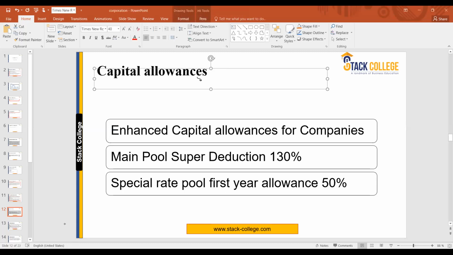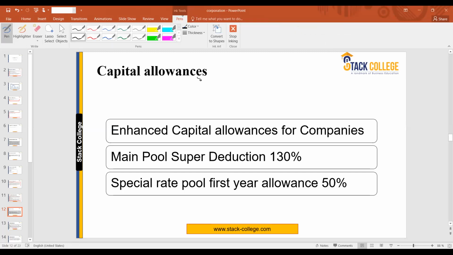The first one is AIA, that is annual investment allowance, up to 1 million of the qualifying expenditure. The second one is WDA, which is either 18% for the main pool or 6% for the special pool. And there is a first year allowance, which is applicable on zero emission cars, that is 100%.